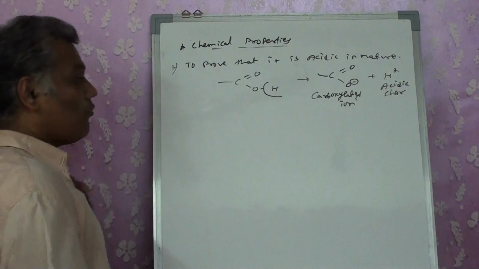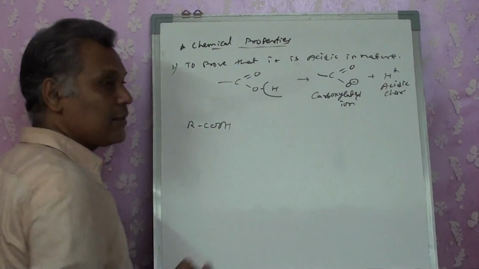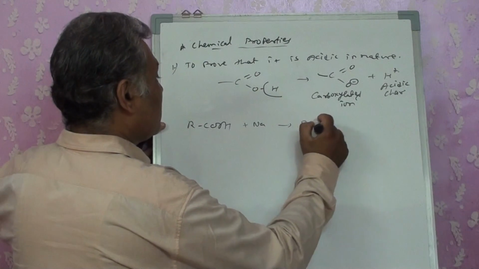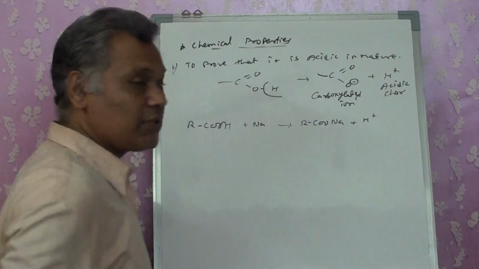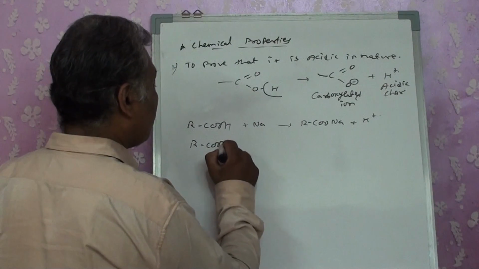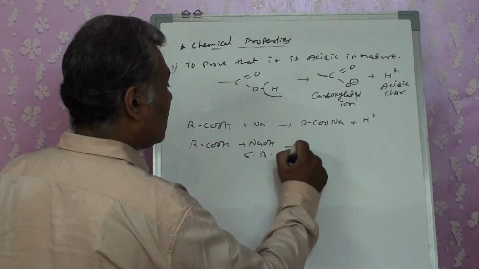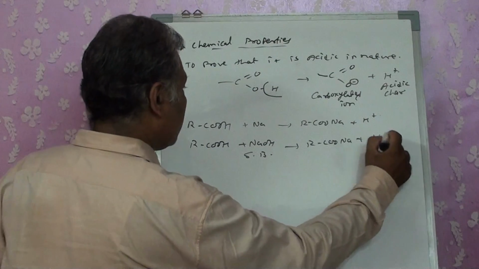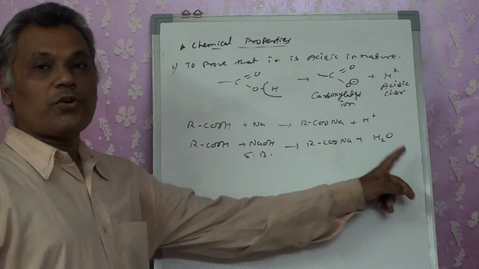So in that case, what are the reactions that we can show? We can have it as an acid. It can react with metal to produce RCOONa, and H plus is given out. It not only reacts with the metal, it can react with its hydroxide also, which is a strong base. It gets converted into RCOONa plus H2O. That means base, acid, salt and water.